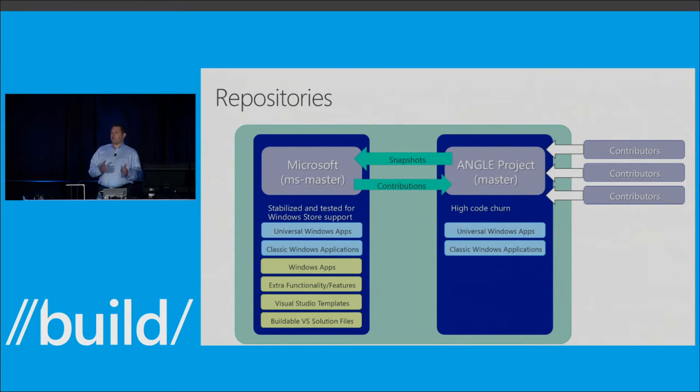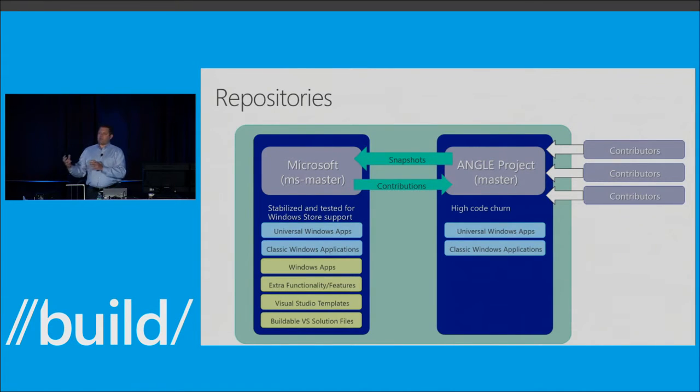So we had to create a branch, and I really don't like using the word branch because it's not a true branch, because we take snapshots from the Angle project every 2 weeks. We do this so that we can stay in sync. You can see on the far right that numerous contributors contribute to the Angle project. We're just one of the many.